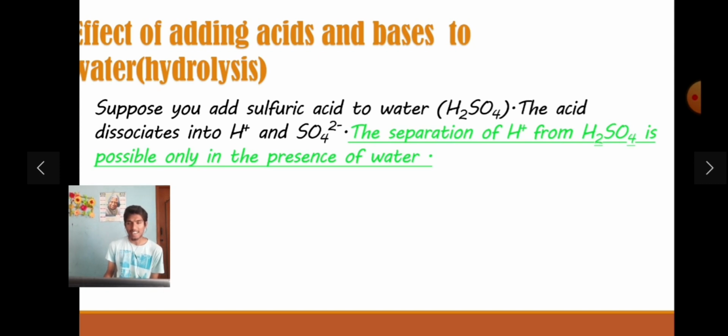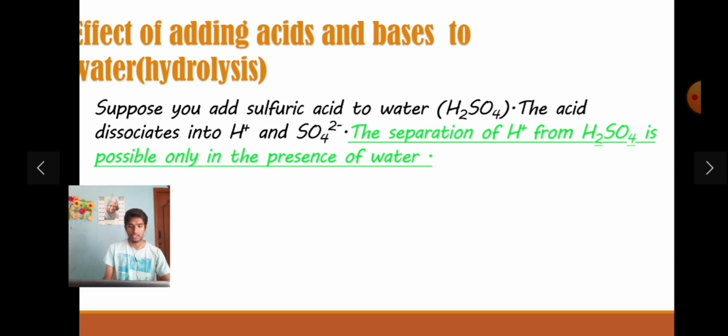If you add any concentrated acid like sulfuric acid to water, the acid dissociates and H+ ions are released into the water. The separation of H+ from H2SO4 is only possible in the presence of water. If you take any other liquid other than water, it will not dissociate. H+ ions are not formed there.